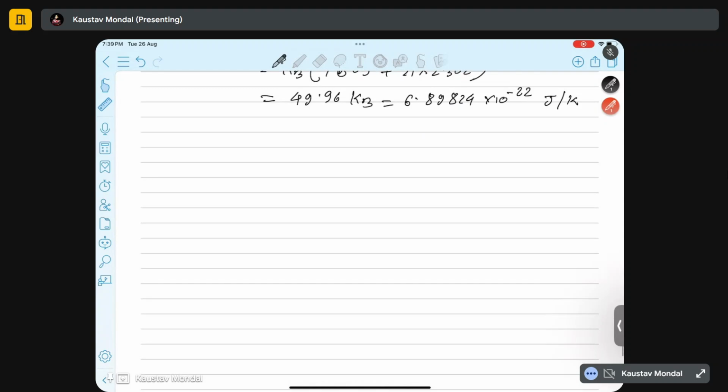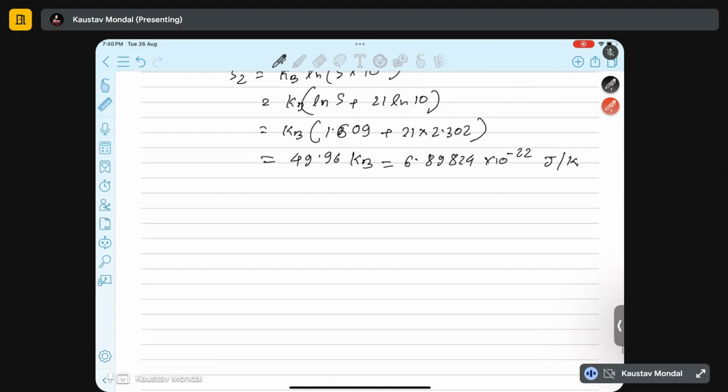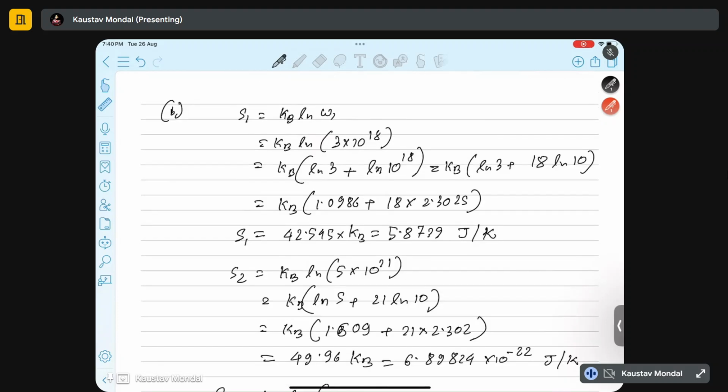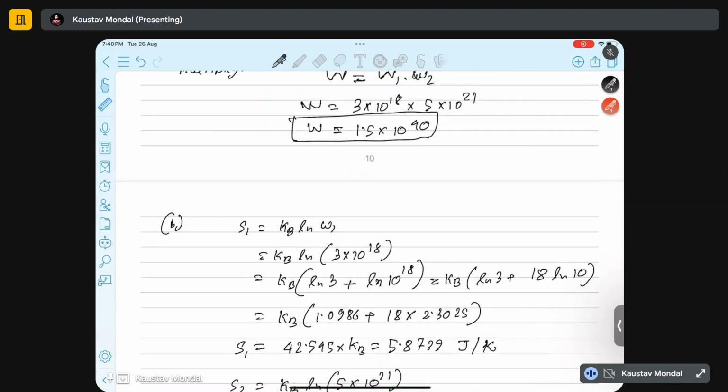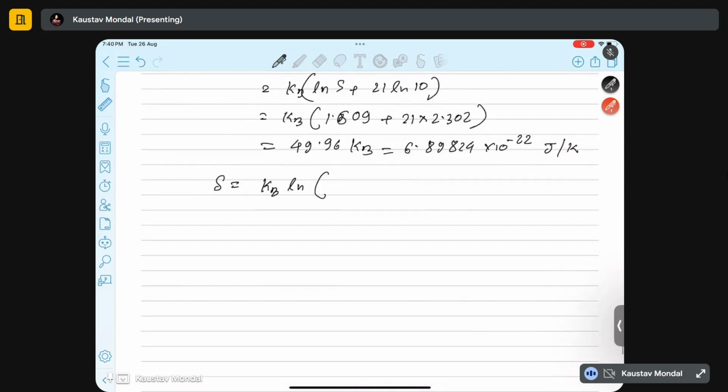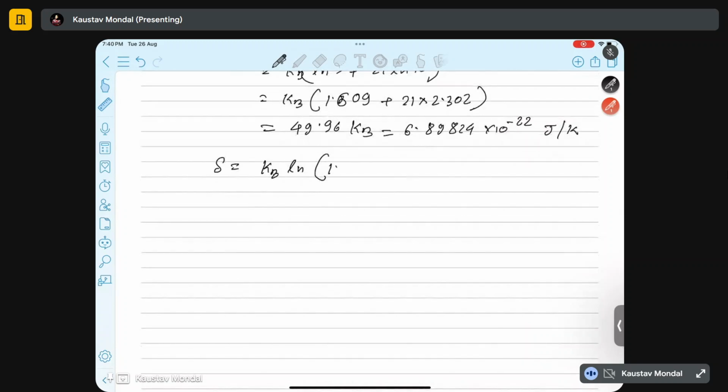Now the last thing is the entropy of the combined system. The entropy for the combined system is S equal to Kb into ln W, where W is 1.5 into 10 to the power 40. Substituting, Kb into ln 1.5 plus 40 into ln 10.